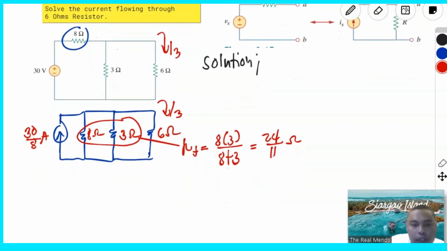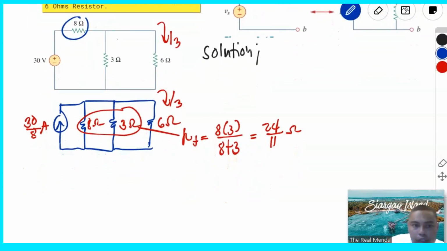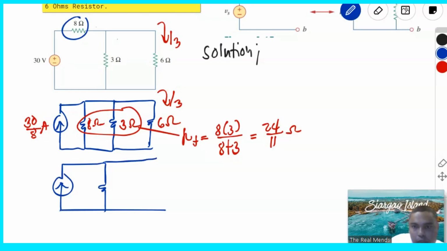Okay, after that, redraw the circuit. Okay, be careful. And then this one, okay, then label, this is 30 over 8, the same, and this is 24 over 11 ohms, and then this is 6 ohms, and then this is the value for I3.